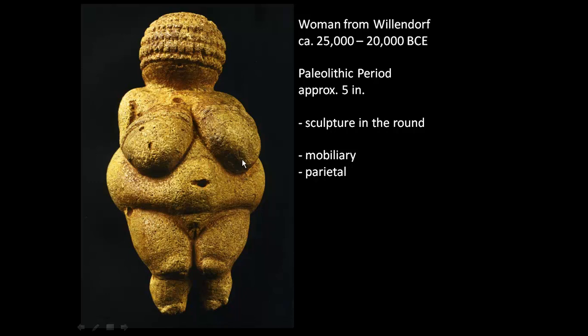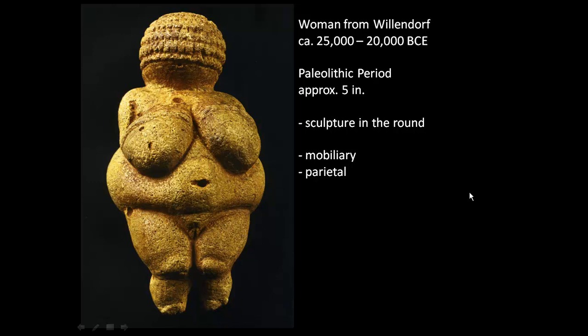This is unique to the Paleolithic period. We don't see this technique really being used in subsequent periods. And the reason I'm pointing this out is because for your midterm exam, you're definitely going to have to know differences between Paleolithic and Neolithic art. And this difference in technique is one of these examples.